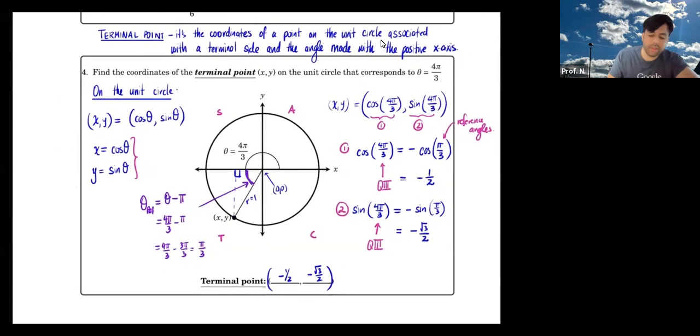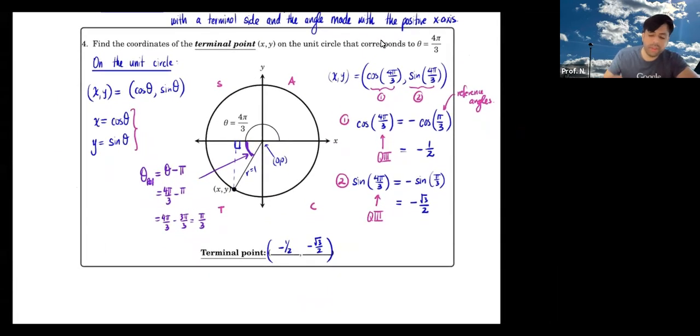And that's how you find the terminal point. You're evaluating the values of angles and utilizing your knowledge of where a trig ratio is positive or negative, according to the quadrants, and then you find a reference angle to find the value of what cosine and sine would be.